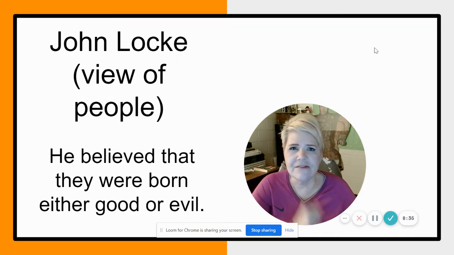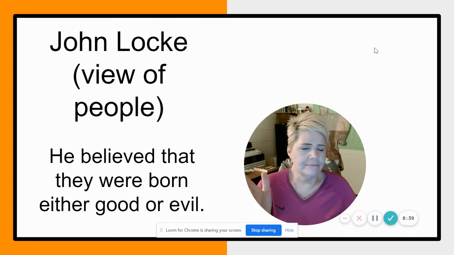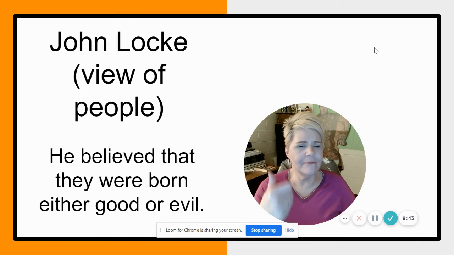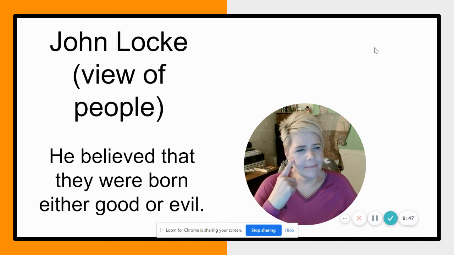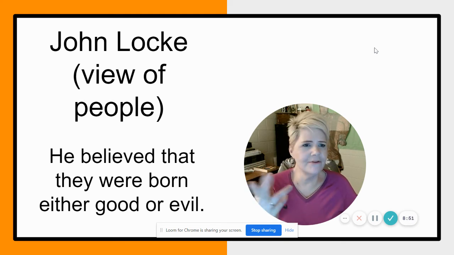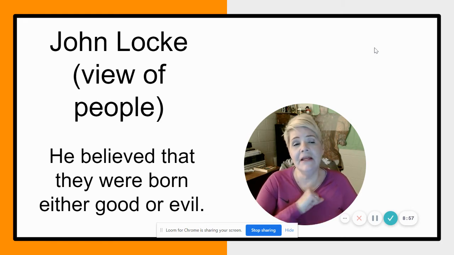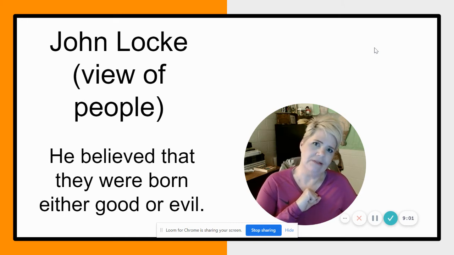John Locke and his views on people. We know a lot about John Locke, okay, from civics class and from this class. But what did he think about people? Basically he really truly believes that people, yes, they have those inborn rights, but they also have an inborn good and evil quality to them.